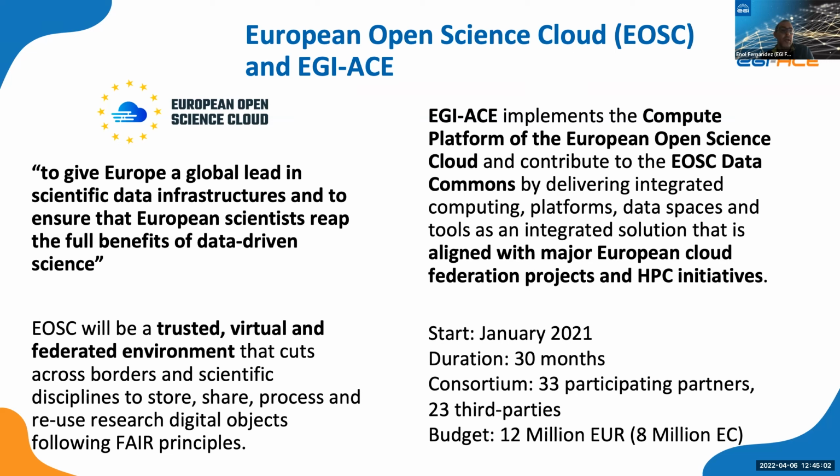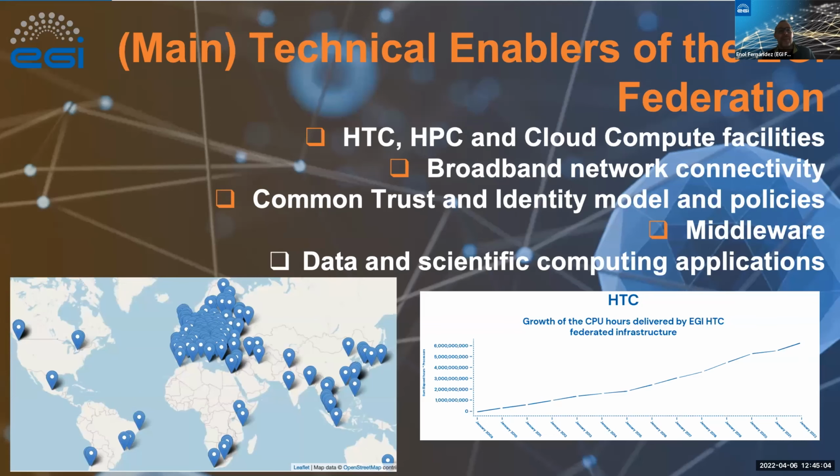EGI may not be familiar to you, as most of the people here are from the US. EGI is a federation in Europe that tries to deliver advanced computing solutions for research. We have high throughput computing, high performance computing, and cloud compute facilities, mostly in Europe, but we cooperate with the rest of the world. You can see here a map of the different data centers we are connected with.